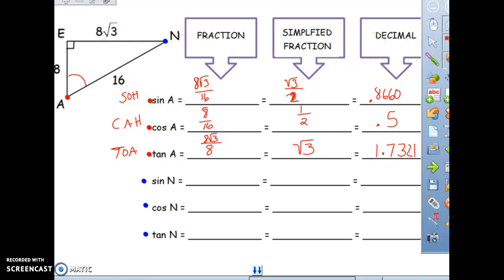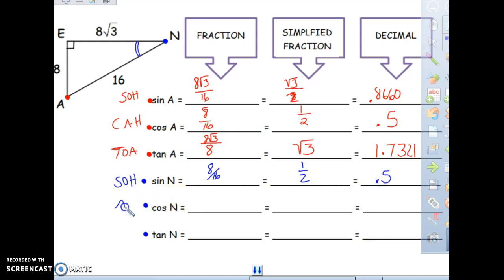Now we're going to transition to the other angle. The sine is still opposite over hypotenuse, so opposite 8, hypotenuse 16. We already have that one written down, and we can easily do that one in our head.